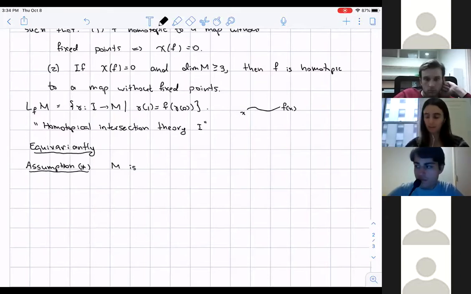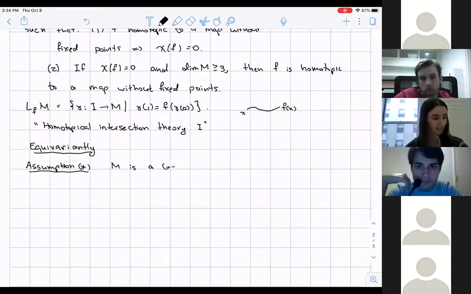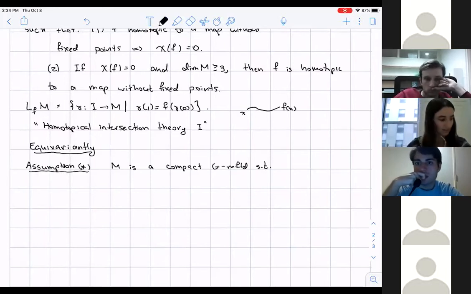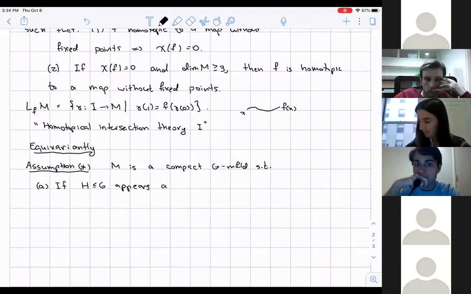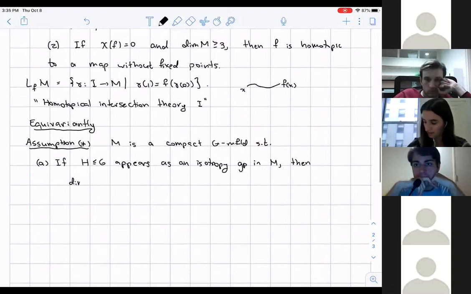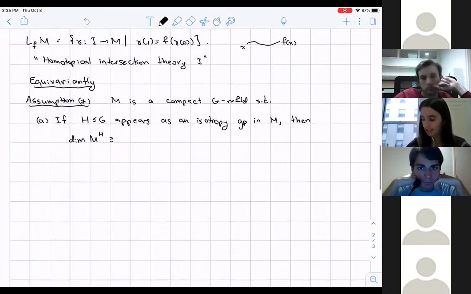An assumption that we can make about a G manifold is that M is a compact G manifold such that, first of all, if some subgroup H appears as an isotropy group in M, then the dimension of the submanifold M^H, so things fixed by H, is at least 3.